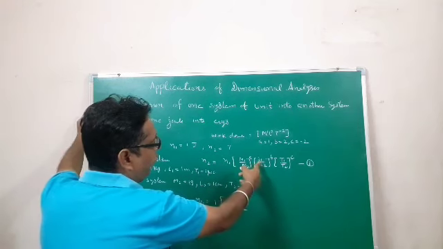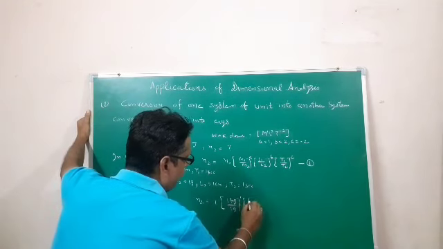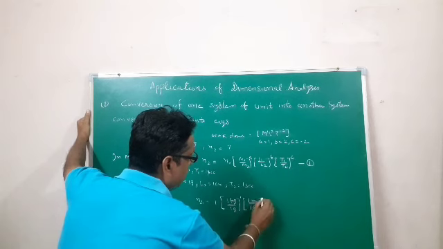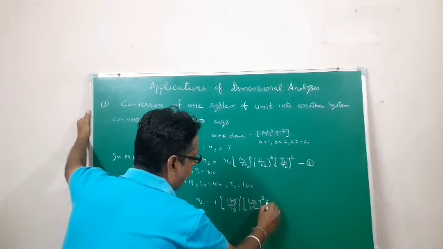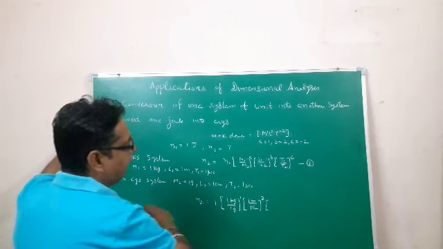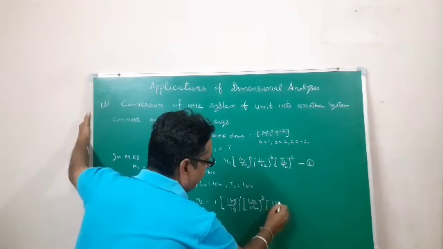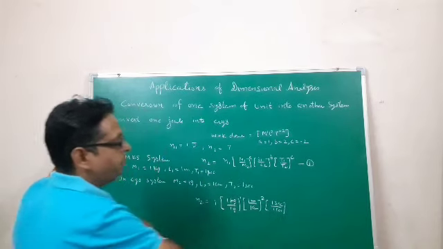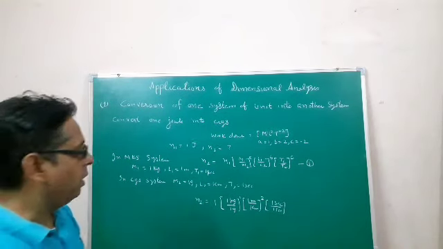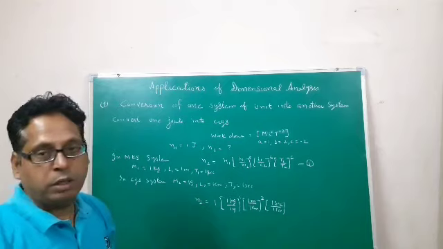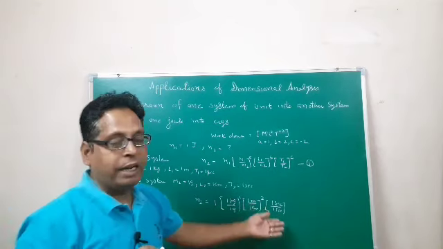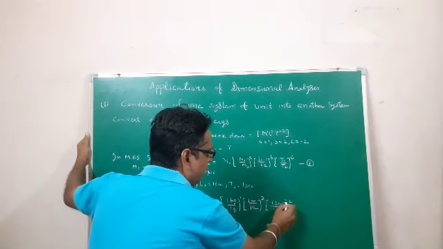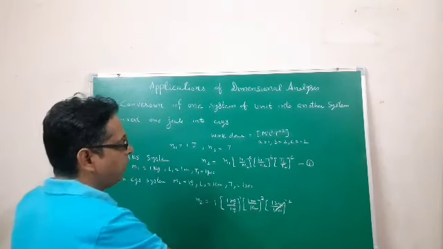Now L1, this is 1 meter upon 1 centimeter, raised to power 2, and next I have T1, this is 1 second. As you know students, in both the systems, whether it is MKS or CGS, time is in seconds. So this is minus 1, minus 2, so this will be cancelled out.